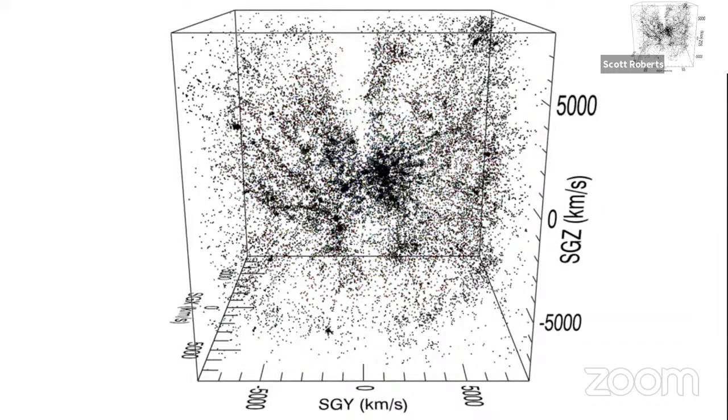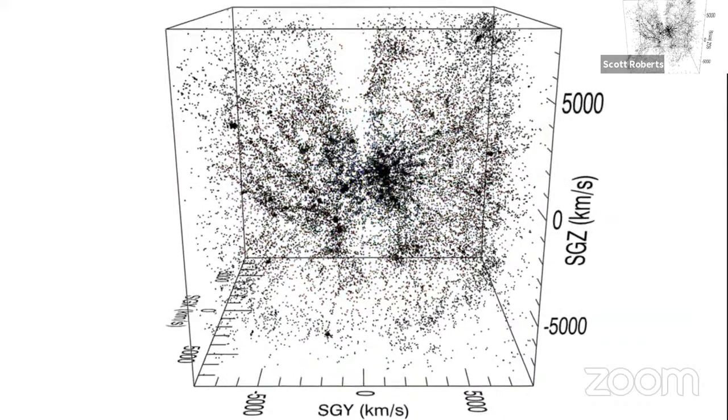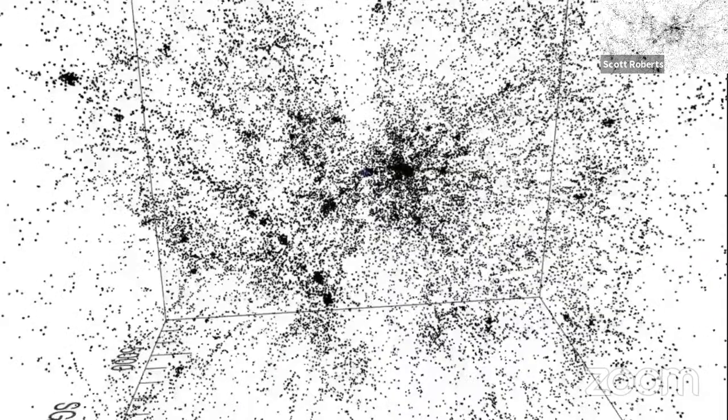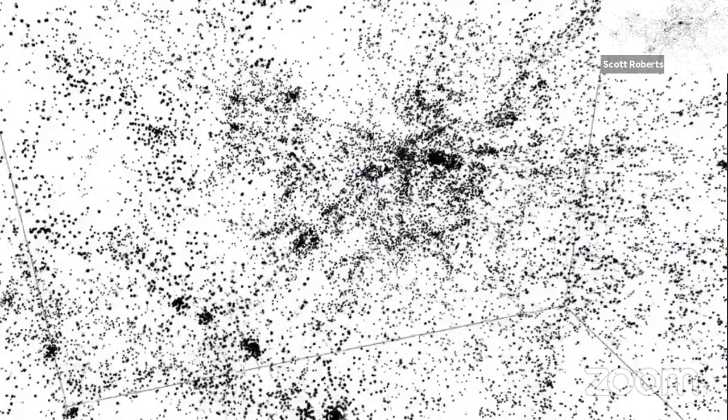The complexity of what we are seeing is overwhelming. Let's get grounded by a visit to where we live. We are now approaching the Milky Way, represented by the blue dot.